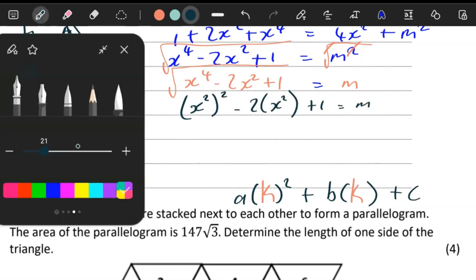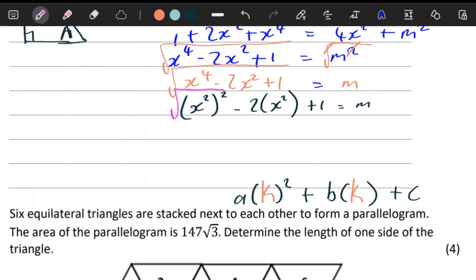Now what you're seeing here is that you can factorize by saying factors of 1 that give a -2. It is just going to be 1 and 1. But then for -2, it has to be -1 and -1. Then there's x squared here, x squared there. So this is like x squared and x squared.